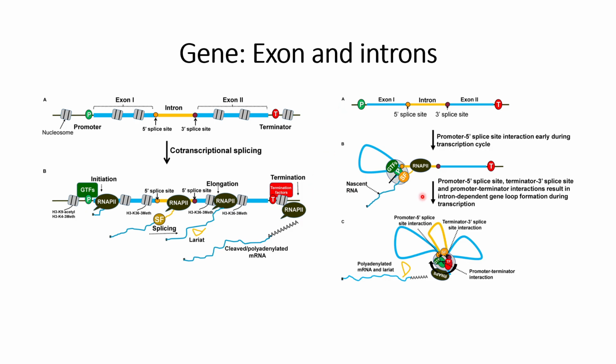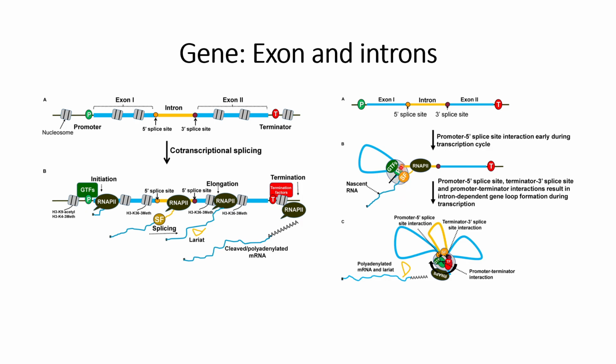The figure on the right side shows another function of the intron. In this case, the cleaving of the intron helps in the interaction of the promoter and the termination sequence, and this helps the final protein acquire its three-dimensional structure.